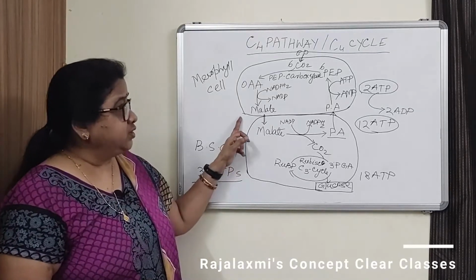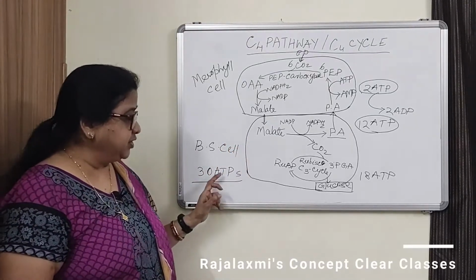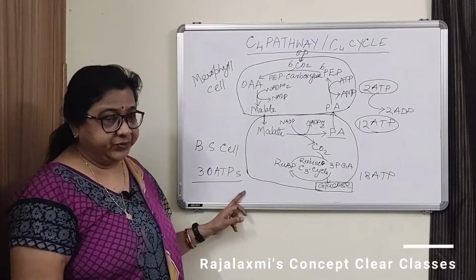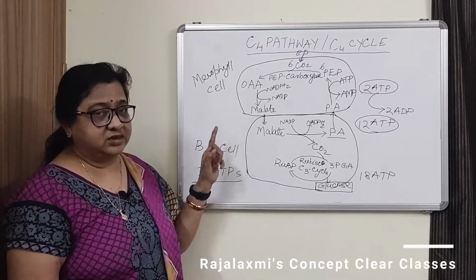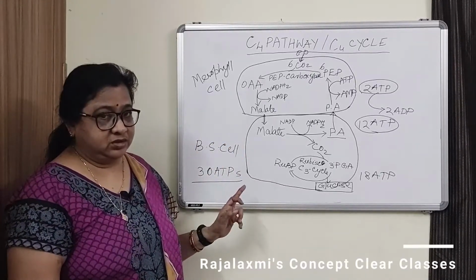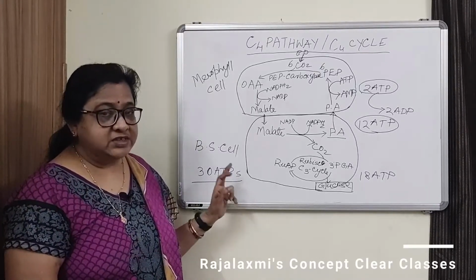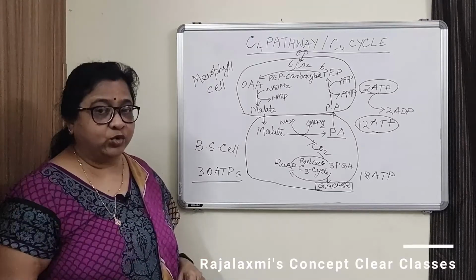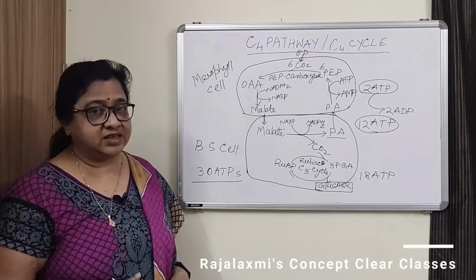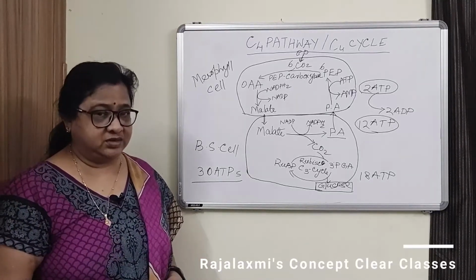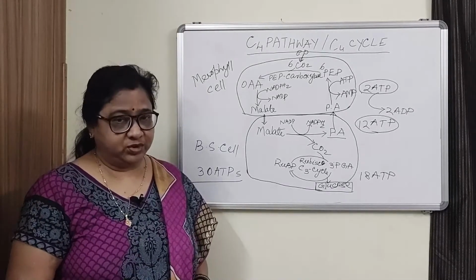Though in the C4 cycle more ATPs are utilized, it reduces photorespiration, which is a wasteful process. So C4 cycles are more productive than the C3 cycle during warm conditions. So this is all about the C4 cycle.